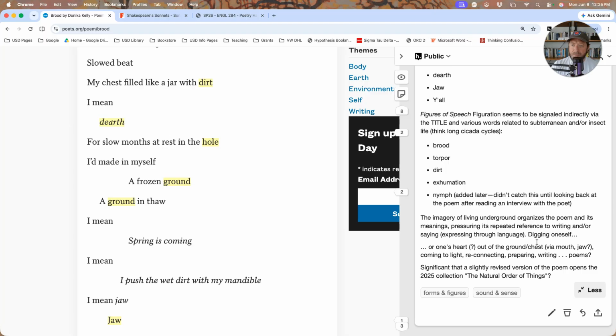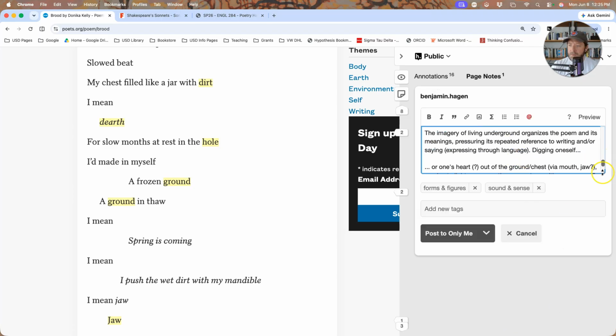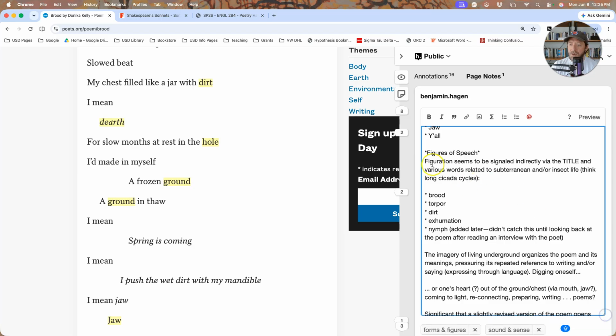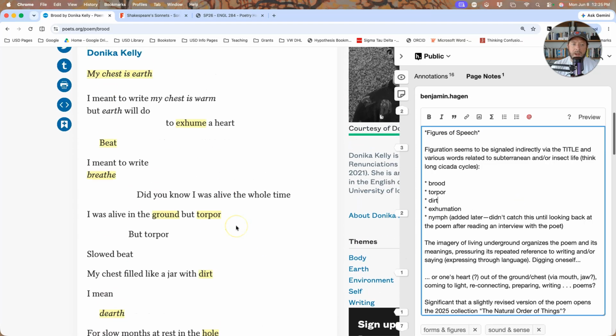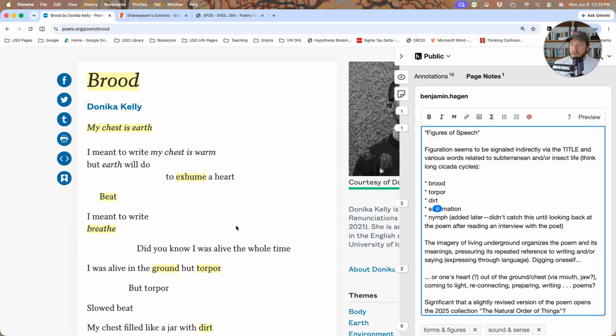So figuration in this poem is signaled right away in the poem, and right away in the title. Now, I say that because if you read the title and then read the first few lines, it's not entirely clear what that connection is, and so it's pretty safe to say that the title has a kind of figurative resonance with something else that's going on in the poem.